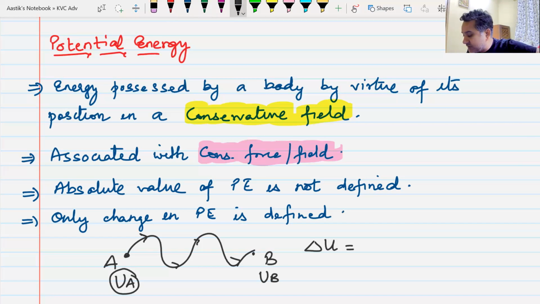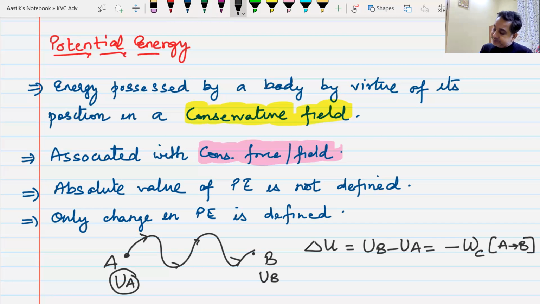Change is final minus initial, so it will be UB minus UA. This change in potential energy is defined as the negative of the work done by the conservative force from A to B. So I'm moving the body from A to B. The change in potential energy is the negative of the work done by the conservative force.